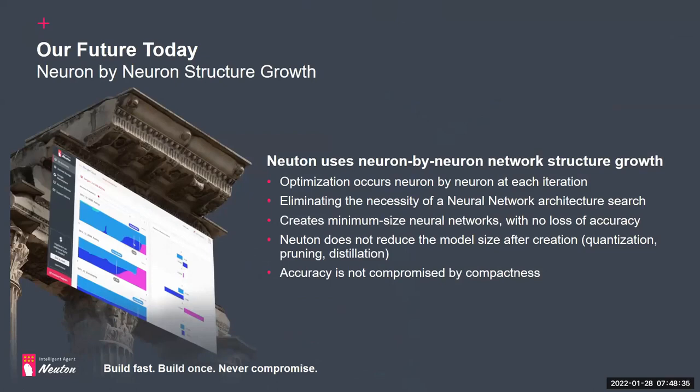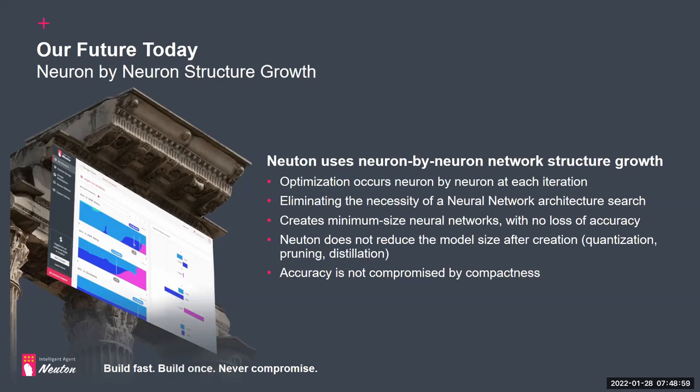I would like again to emphasize the main features of our neural network. Neuton uses neuron by neuron network structure growth, and optimization occurs also neuron by neuron at each iteration of training.